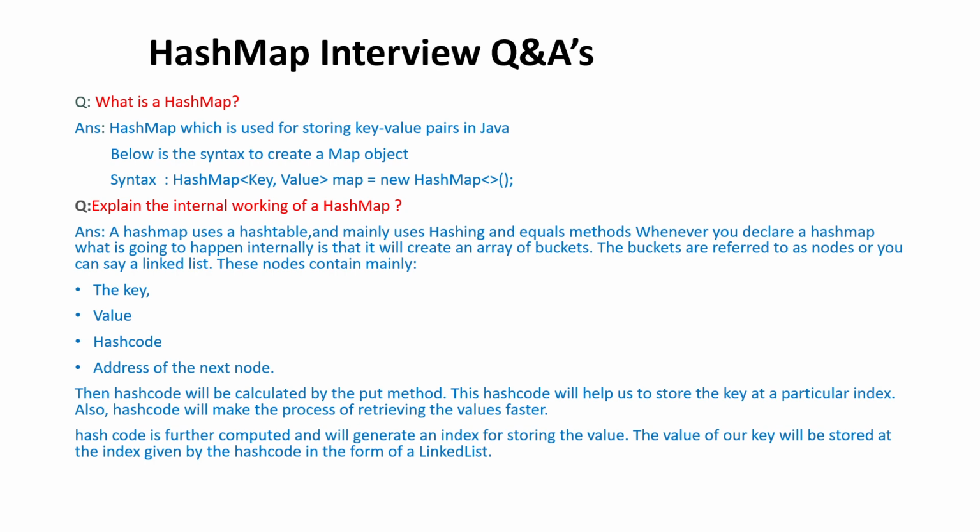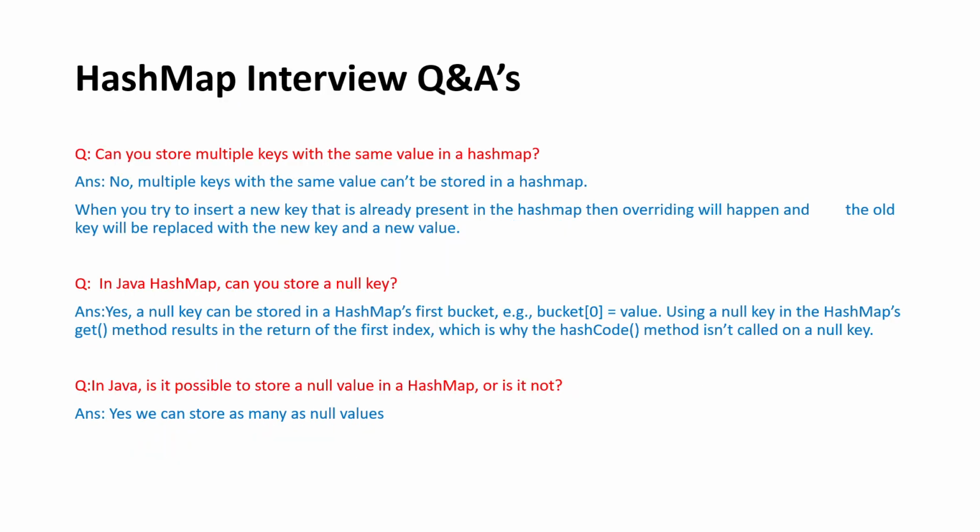Moving further, can you store multiple keys with the same value in a HashMap? No, multiple keys with the same value can't be stored in a HashMap. When you try to insert a new key that is already present in a HashMap, then overriding will happen and the old value will be replaced with the new value. In Java HashMap, can you store a null key?